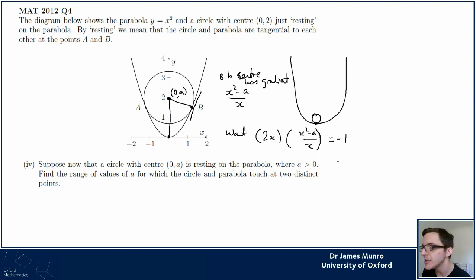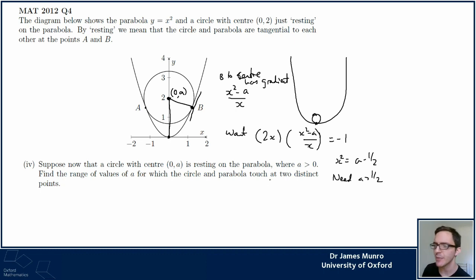So x squared had better be equal to A minus a half. Aha! So, add the A, multiply by 2, minus half, x squared is A minus a half. I see, so that's only got sensible solutions when A is bigger than a half. So I need A bigger than a half.